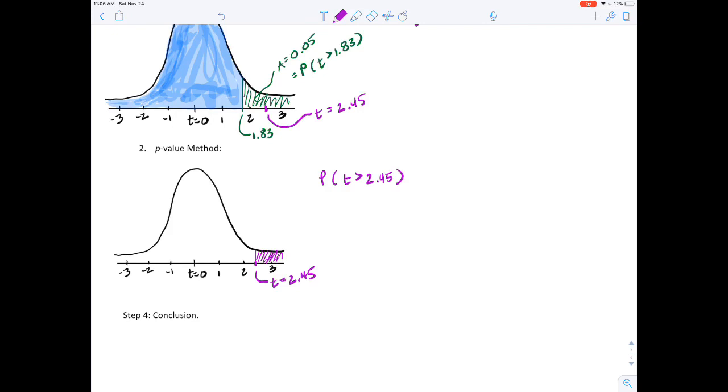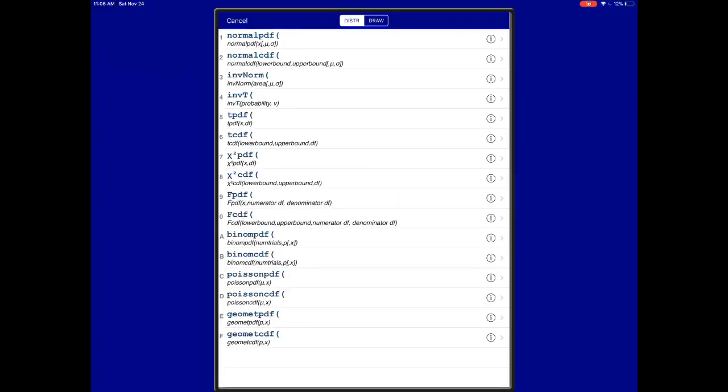Well, you've got the symmetry just like you do with the z-scores, or you can just go enter it in, you know, in the calculator. Remember, your degrees of freedom are going to be equal to 9. We got that from before. So let's check it out. What we're going to want is the cumulative CDF of our t.